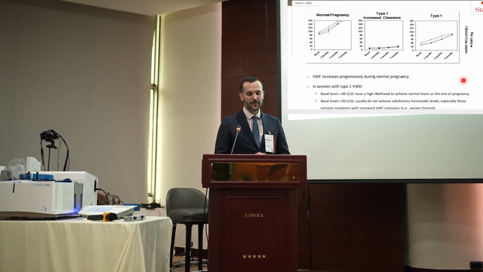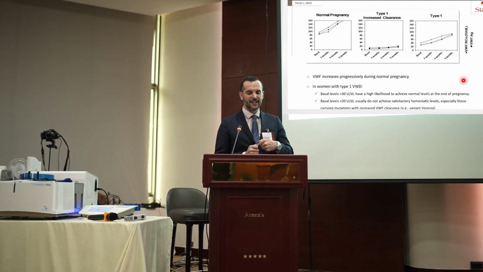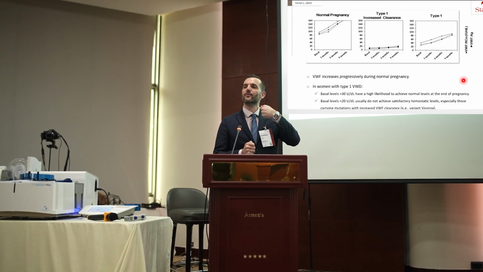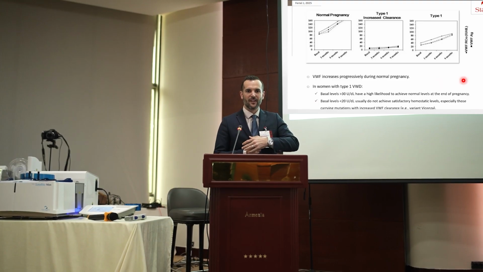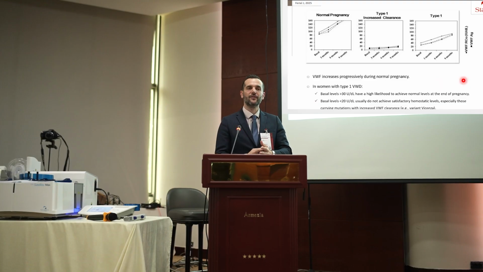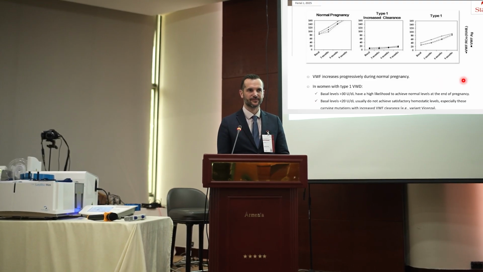And the mechanism that increases levels during pregnancy is the reduction of von Willebrand factor clearance. So if you have a mutation that increases von Willebrand factor clearance, there will be no augmentation of von Willebrand factor during pregnancy.